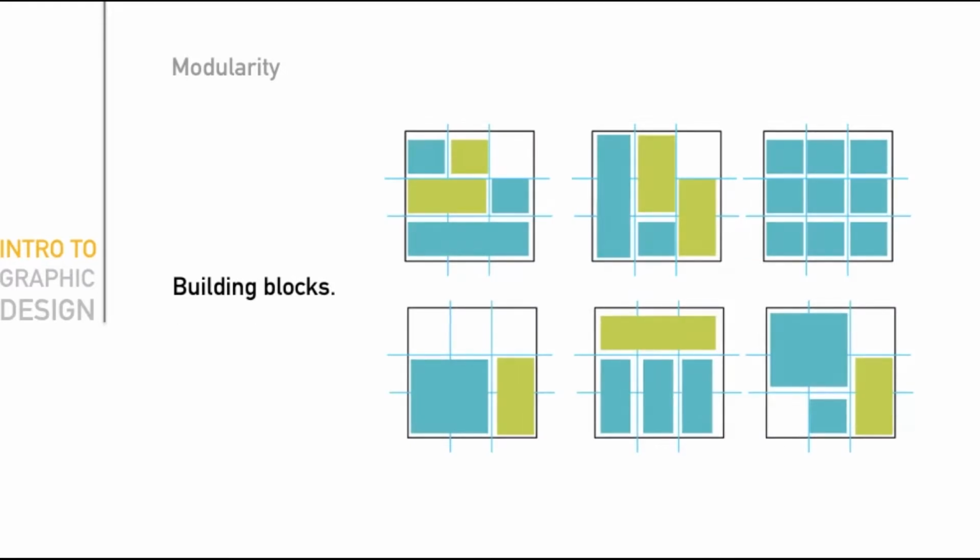Modules are building blocks. And you can take a module, a unit form, like a square, and by how you combine that square, you create within the same space a variety of different visual results. Each one of these is based on the square. Generally speaking, we're going to think of modules as squares.